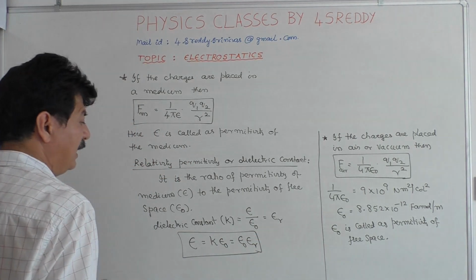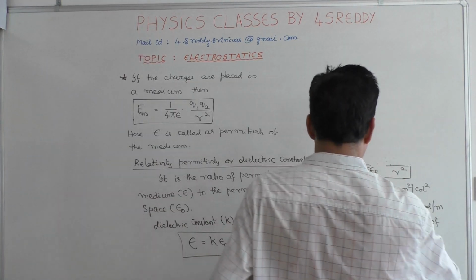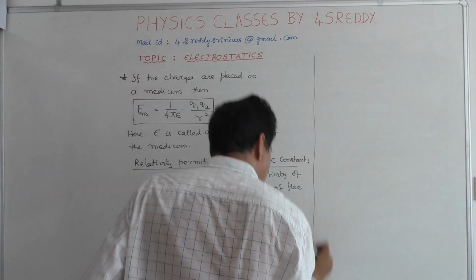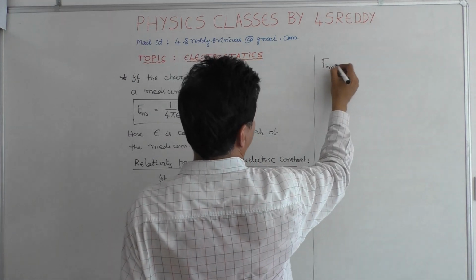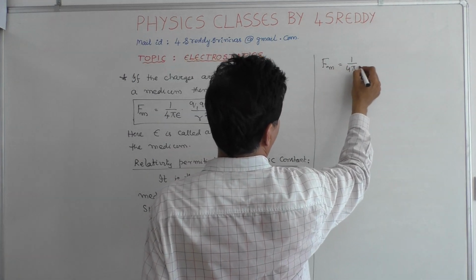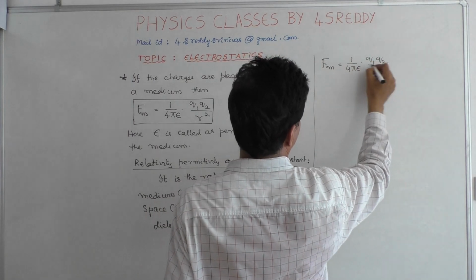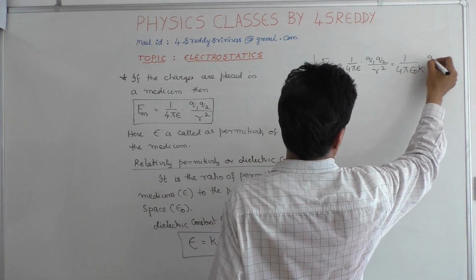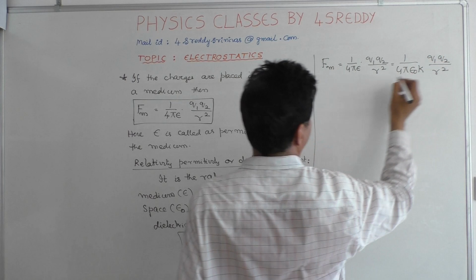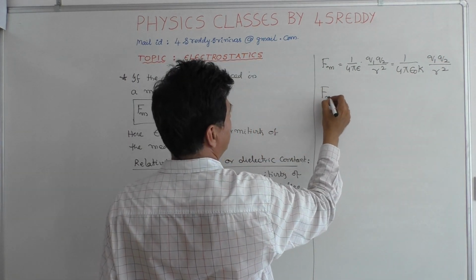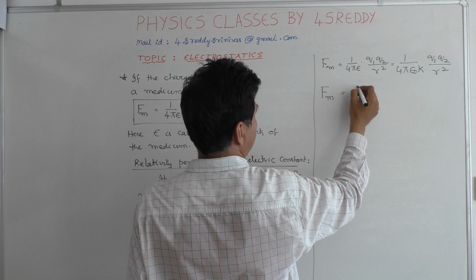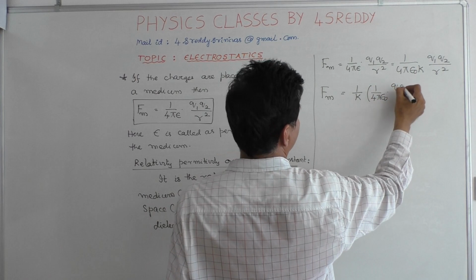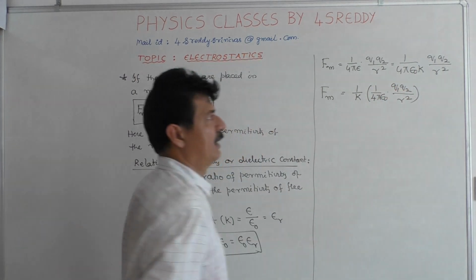And once you have got the idea of this, then F in medium, which is given by 1 by 4 pi epsilon Q1 Q2 by R square, can be replaced as 1 by 4 pi epsilon naught K Q1 Q2 by R square. Therefore, F in medium is given by 1 by K into 1 by 4 pi epsilon naught Q1 Q2 by R square.